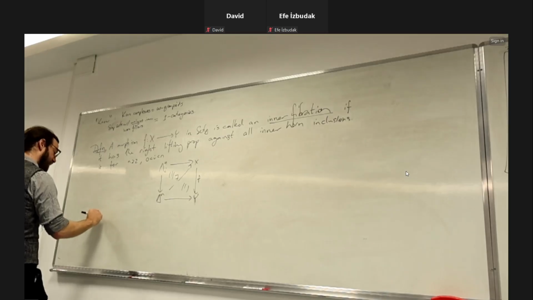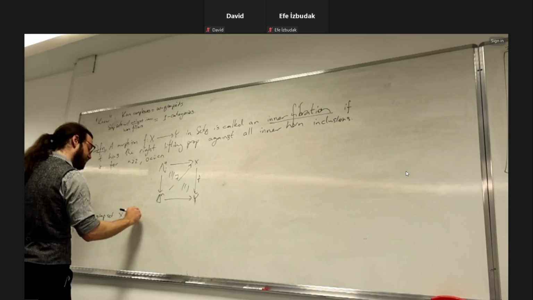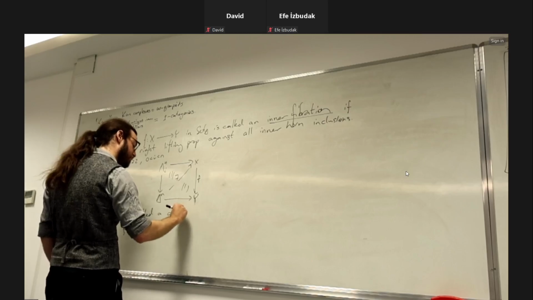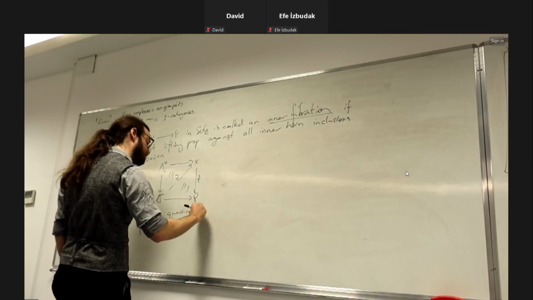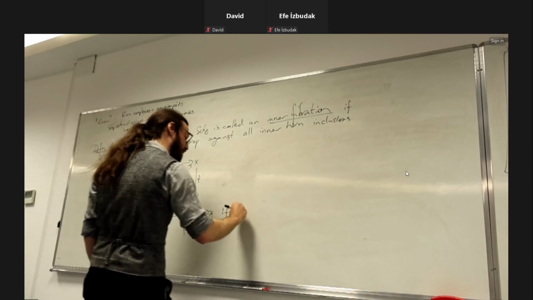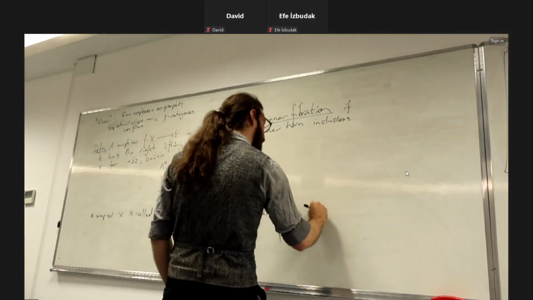A simplicial set X is called a quasi-category if X to the point is an inner fibration.